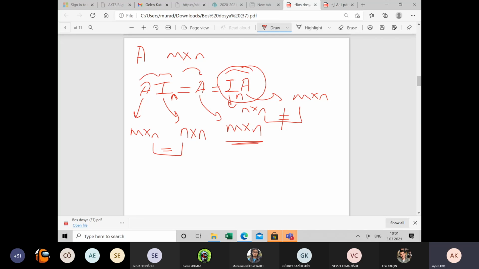But we claim that this product gives A. So this identity matrix is not of order n, and this one should be of order m. Otherwise undefined. Because A is n by m, this one is m by m, so we obtain the result n by m matrix. So be careful. This one is valid.